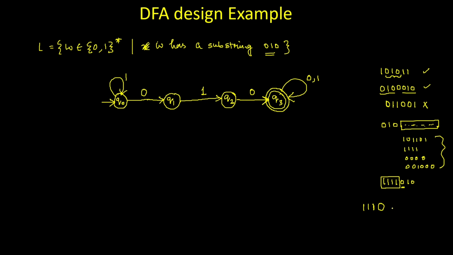Now see, an interesting point is that ultimately I require 0 1 0. So if I have a 0, then there is no harm in considering that maybe this 0 was not the first character of the substring we are searching for, but the next 0 that I have got is the first character of the substring.